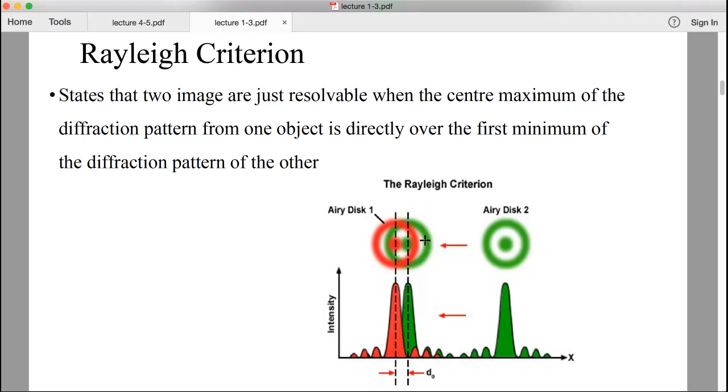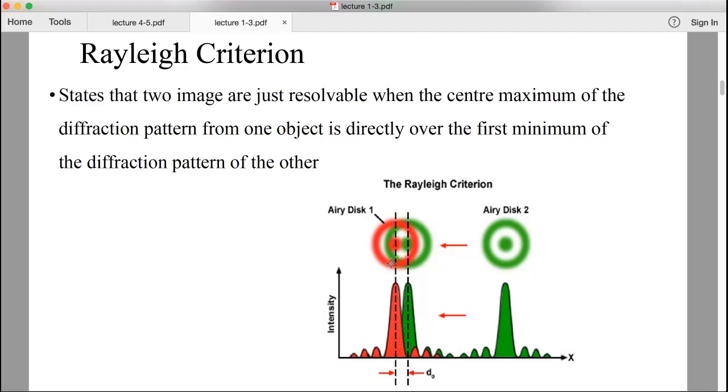It's a diffraction peak. Now, to observe these two as two separate objects, what happens? The basic condition, the minimum condition you should have, is the lowest point of this.